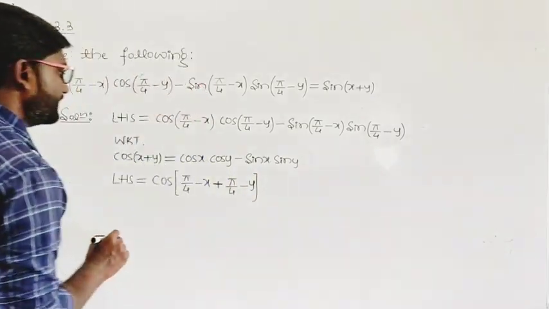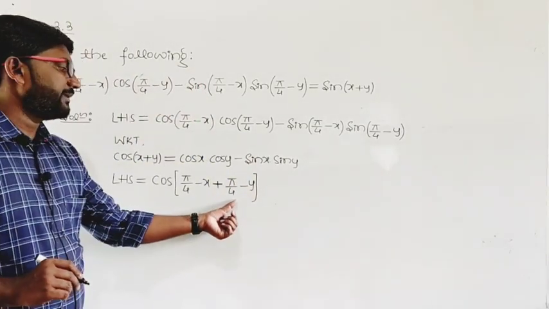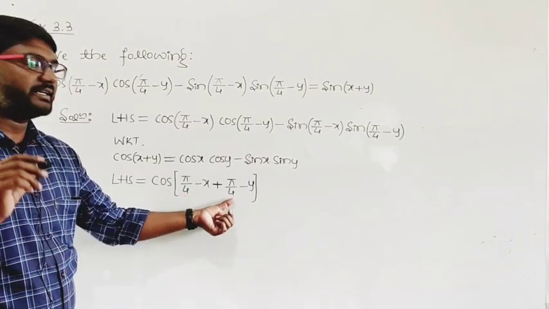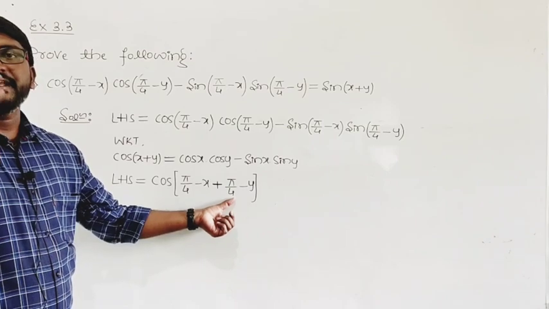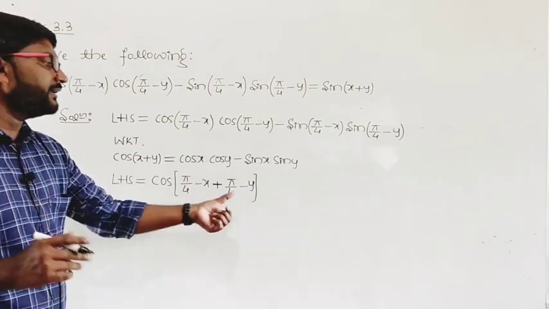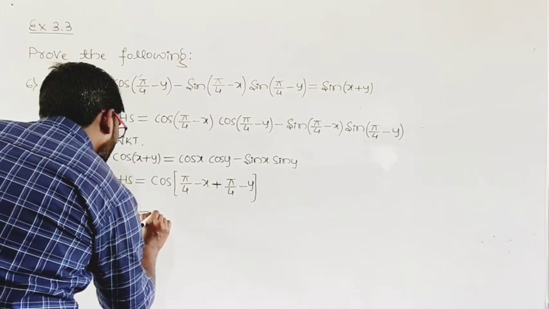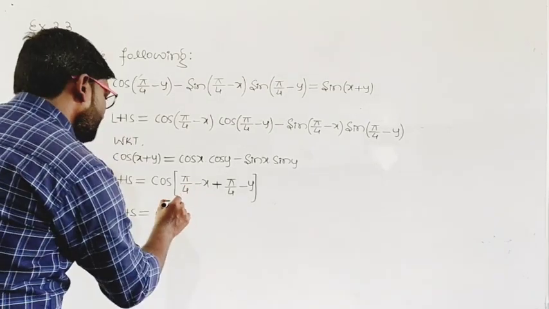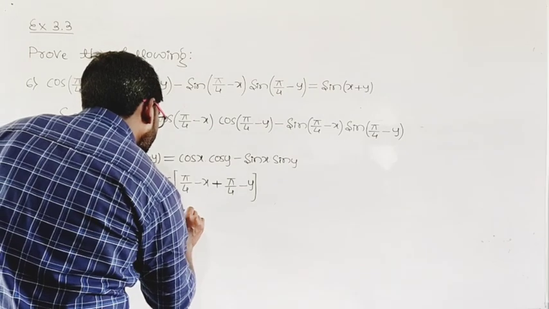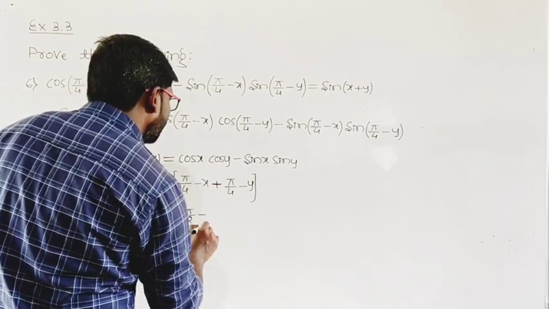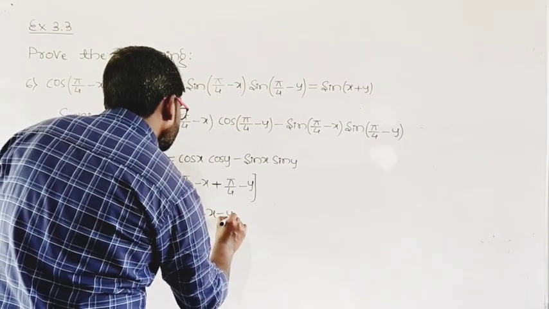In the next step, see here, pi by 4 plus pi by 4: pi by 4 is 45 degrees, 45 degrees plus 45 degrees is 90 degrees. What is 90 degrees in radians? It is pi by 2. In the next step, I can write this as cos of pi by 4 plus pi by 4 will be pi by 2, minus x minus y.